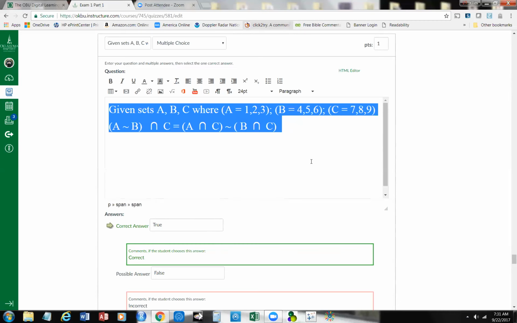And they're equal primarily because if you take a look at the intersection of A and C, they have nothing. So there's no set. And if you take this implication here between C is 0, so it's empty sets.